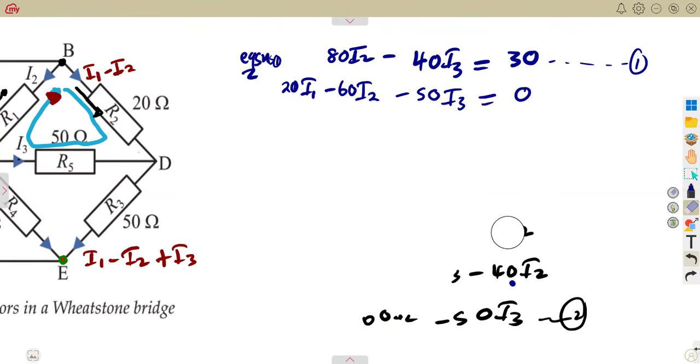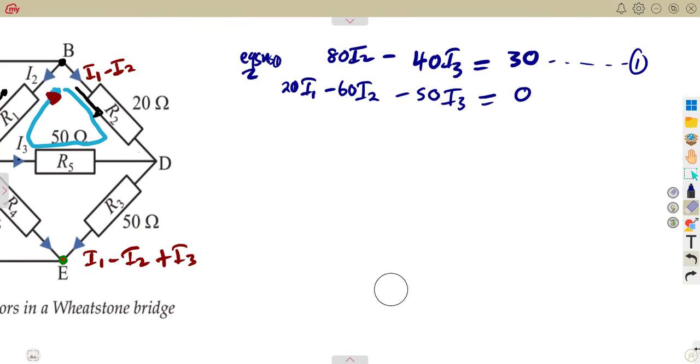So the question is, are we going to form another equation? Yes. Why is that so? Because of the unknown values that we have here. How many unknown values do we have? 1, 2, 3: current 1, current 2, current 3.